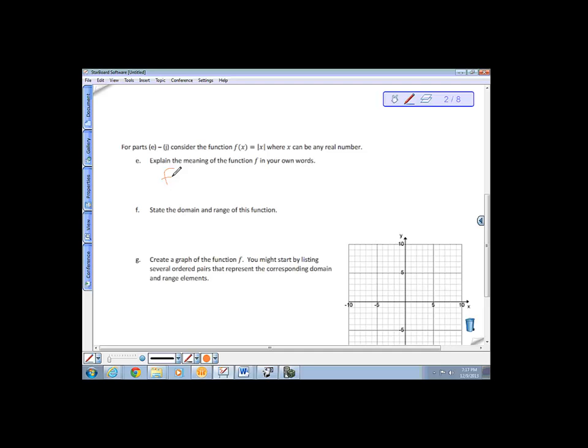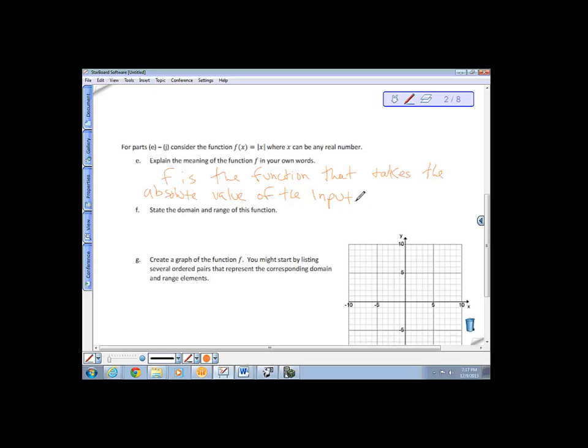So f is defining, f is the function that takes the absolute value of the input.